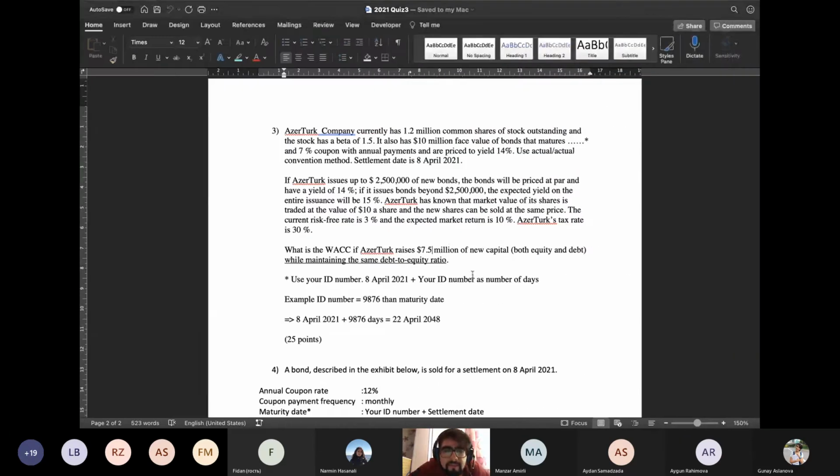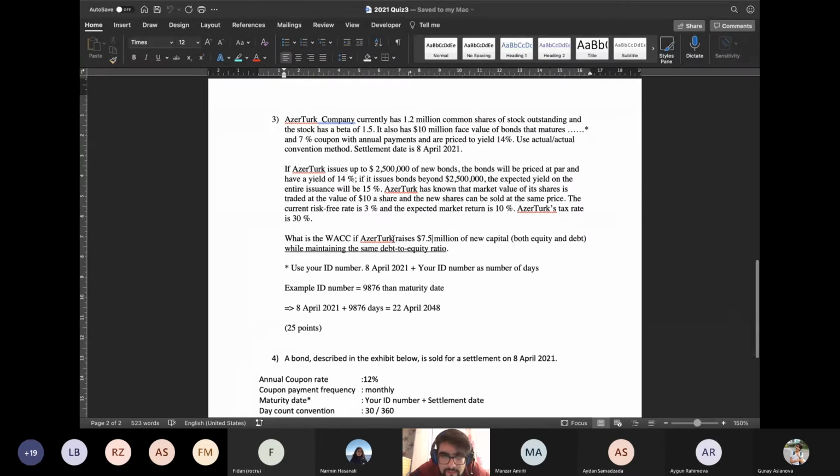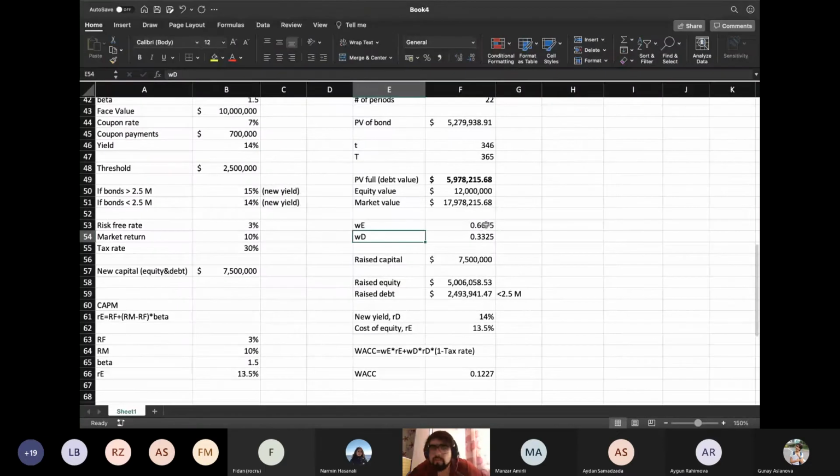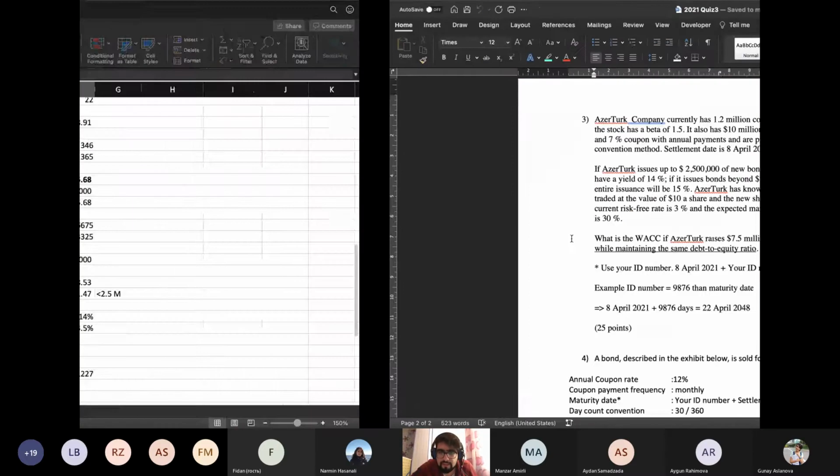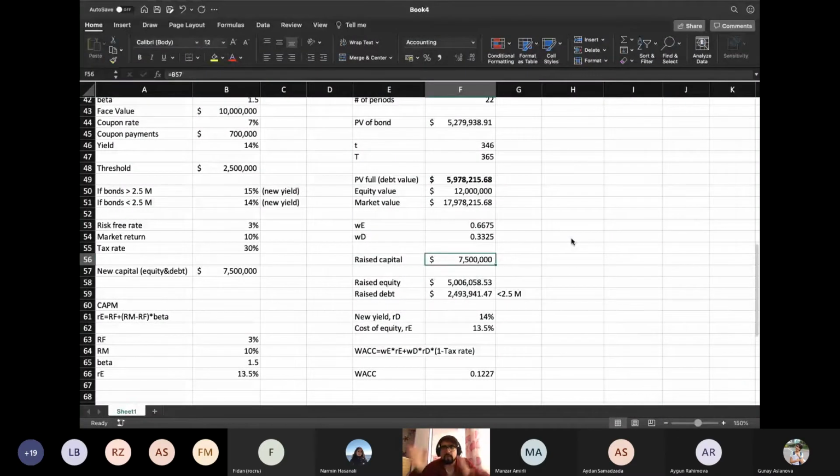We are given that the debt to equity ratio is maintained. It means the debt to equity ratio will not change and will also be applied to the raised capital. So raised capital consists of both equity and debt. It has an equity part and a debt part.